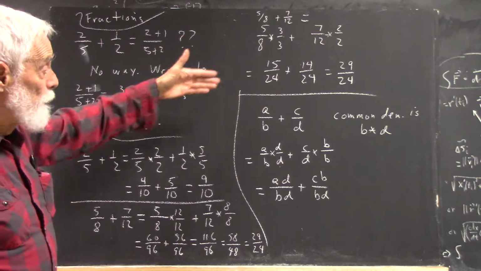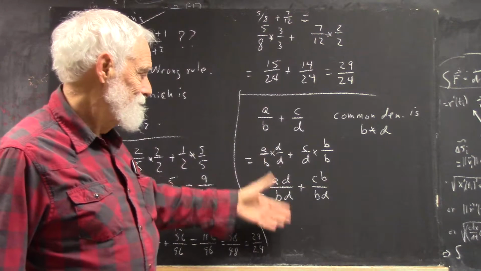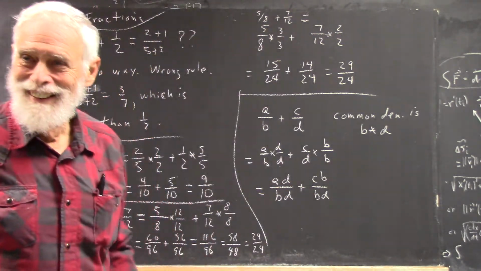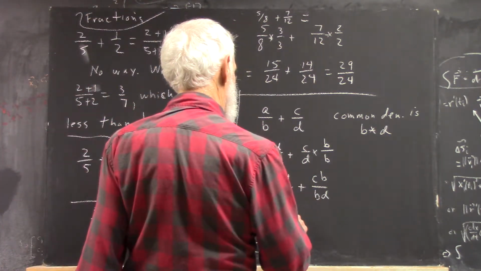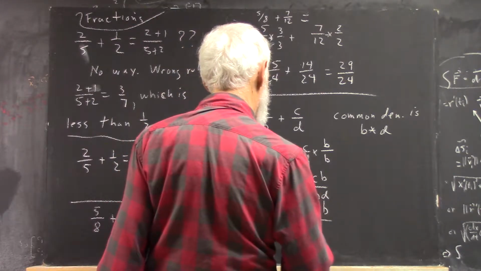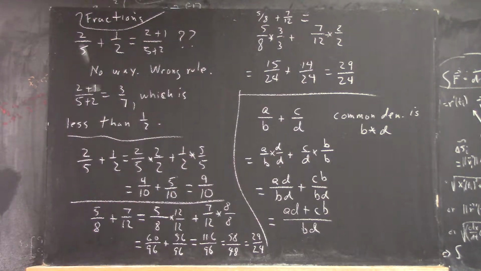Or adding 24ths to 24ths. I'm adding whatever B-D-ths, but we don't want to get to that terminology. By the same rule, it has to apply for the same reasons it did before. That's what I get.